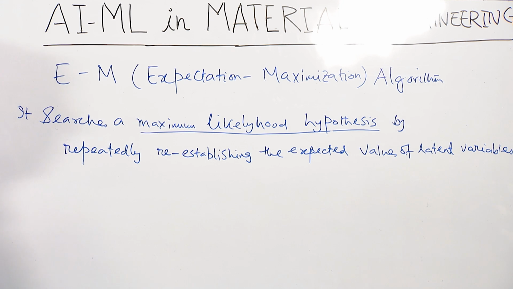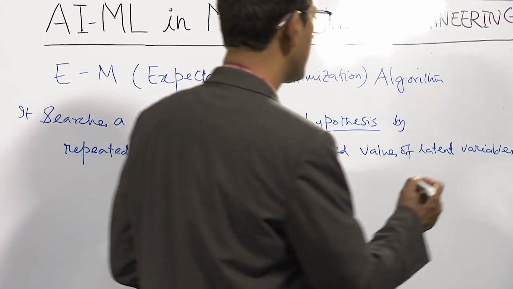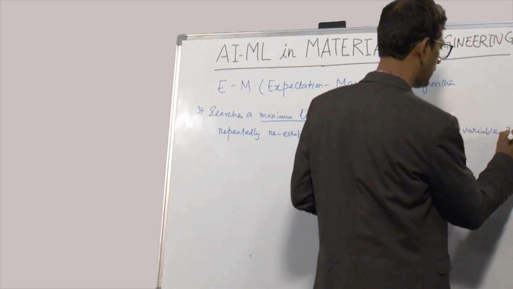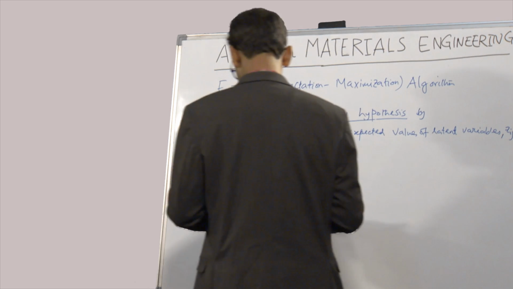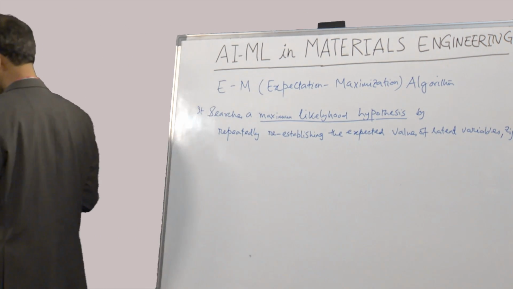As I told you, in real life there are a lot of problems where you have some variables which are not observable, called latent variables. If you want to find or predict the values of those latent variables, this is the best way. Let us call these latent variables Z_ij.